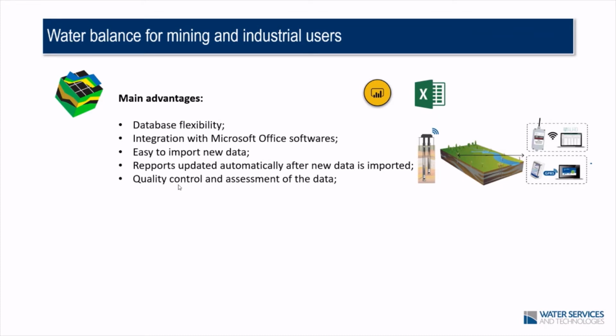There's a quality control and assessment of the data. As I just said, HGA has inside of the software a validation system that validates your data prior to importing into the database, and that avoids duplicate data. And also we can choose some patterns for the data.